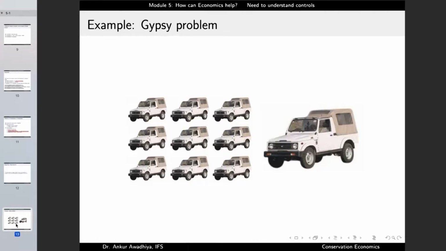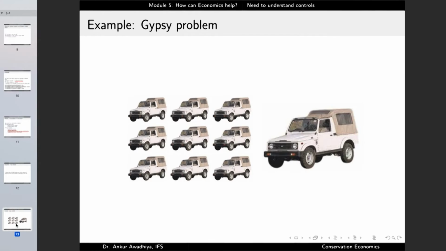Another difference is that some gypsies are so old that the cost of running them is higher than, say, a new gypsy. So a person who has a new gypsy will probably be running at a much greater profit than a person who has an old gypsy.